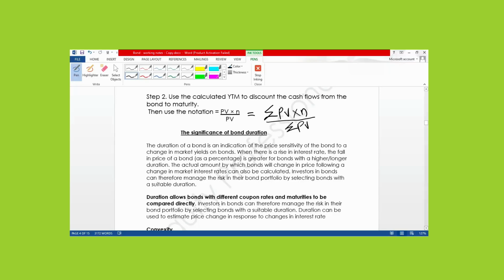Investors in bonds can therefore manage the risk in their bond portfolio by selecting bonds with suitable durations.